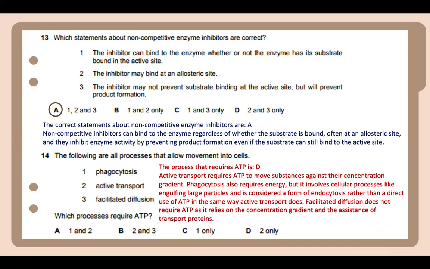Phagocytosis, statement number 1, also requires energy, but it involves cellular processes like engulfing large particles, and it's considered a form of endocytosis rather than a direct use of ATP in the same way active transport does. Statement 3, facilitated diffusion, does not require ATP as it relies on the concentration gradient and the existence of transport proteins.